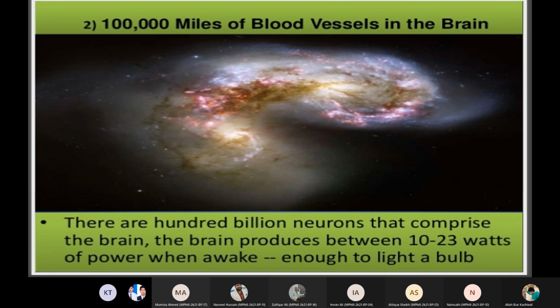Nowadays we mostly have 12 watts or even up to 23 or 24 watt bulbs in the houses, which give a good light to the home. So this is the brain, producing power of about 10 to 23 watts, and it is enough to light the bulb.